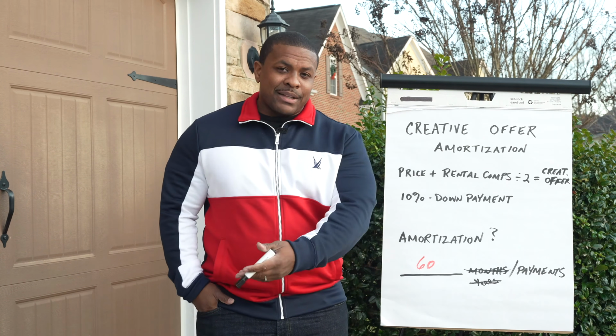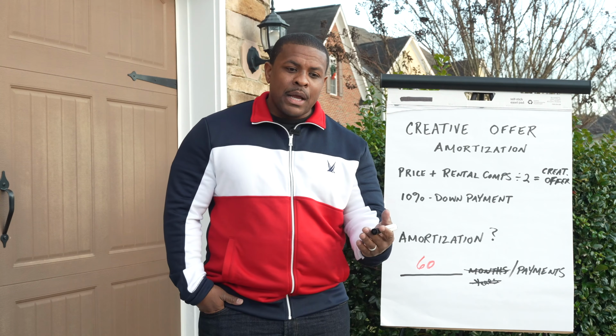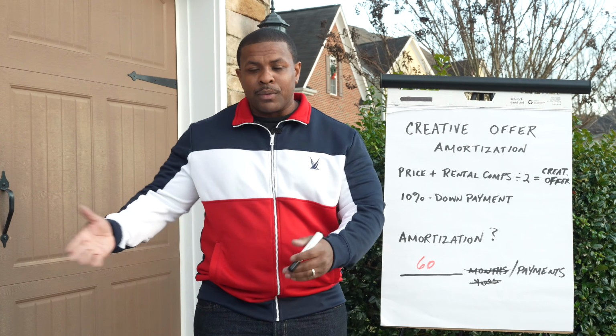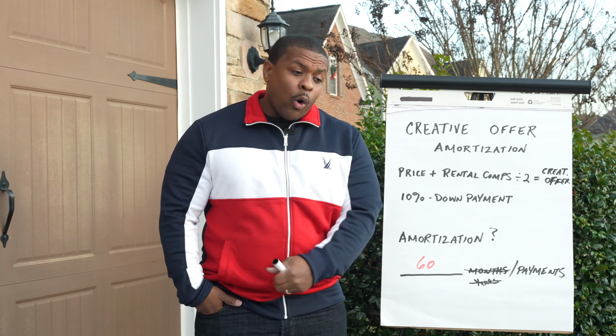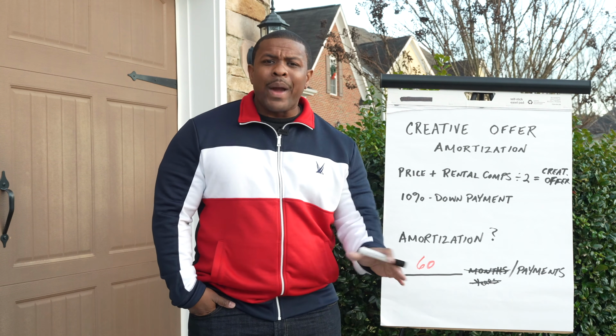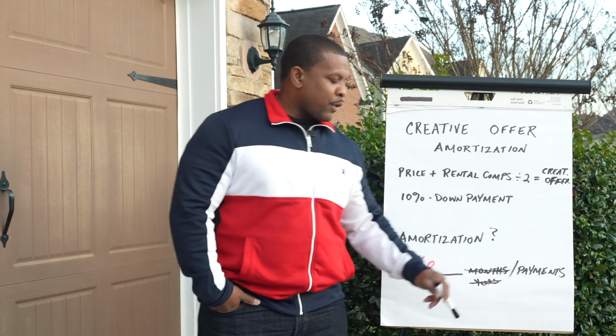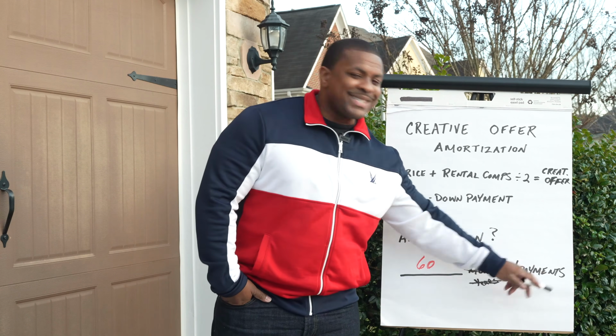Now, in essence, what you're telling the seller is you need 10 years to pay a certain amount of the mortgage off, and then after that, you're gonna give them a lump sum of money, a balloon payment at the end, or maybe you'll pay the entire property off in that certain time frame. Either way, you're gonna use a certain amount of payments versus years and months, because payments is easier to sell.